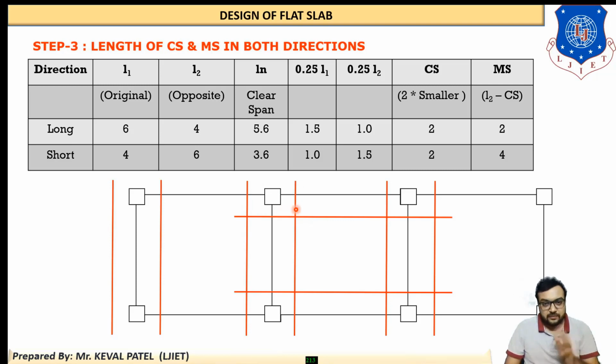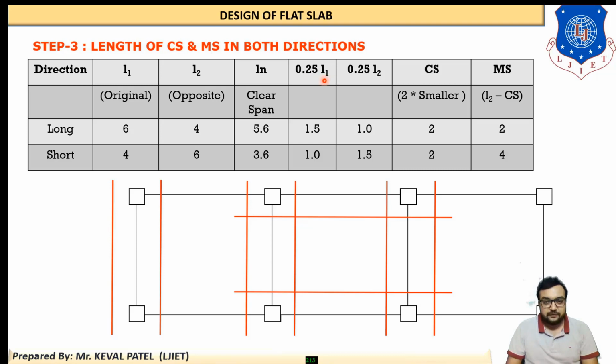The equation of the column strip is 0.25 into L1 or 0.25 into L2, whichever is less.